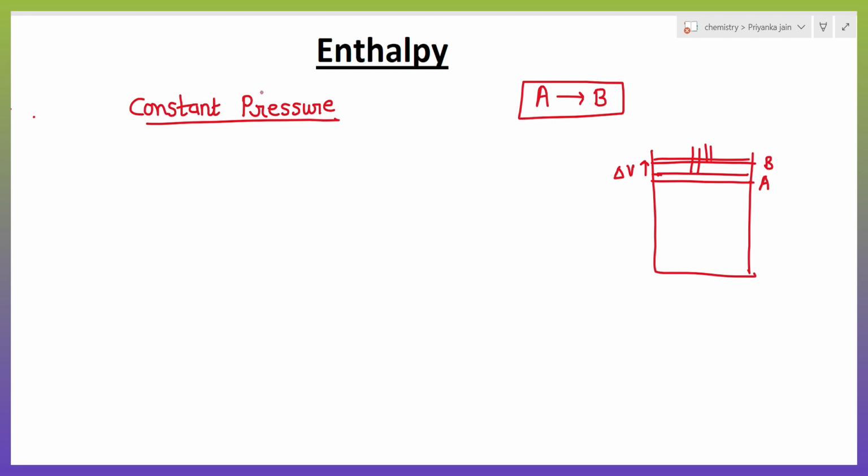There is expansion work. So we can say the heat that we are supplying to the system is not only increasing its internal energy, but is also used in doing the work.